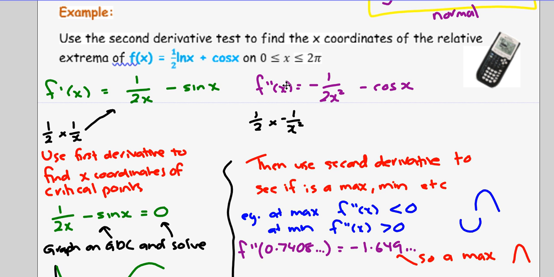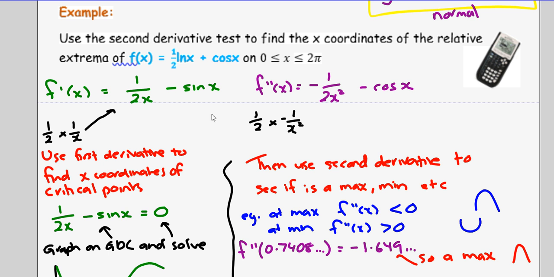The second derivative, we need to differentiate this one. That's the same as saying a half times x to the minus 1. If you differentiate that, negative 1 times here, so you get negative a half out the front, and then you get x to the negative 2, which you can express more elegantly as 1 over 2x squared.